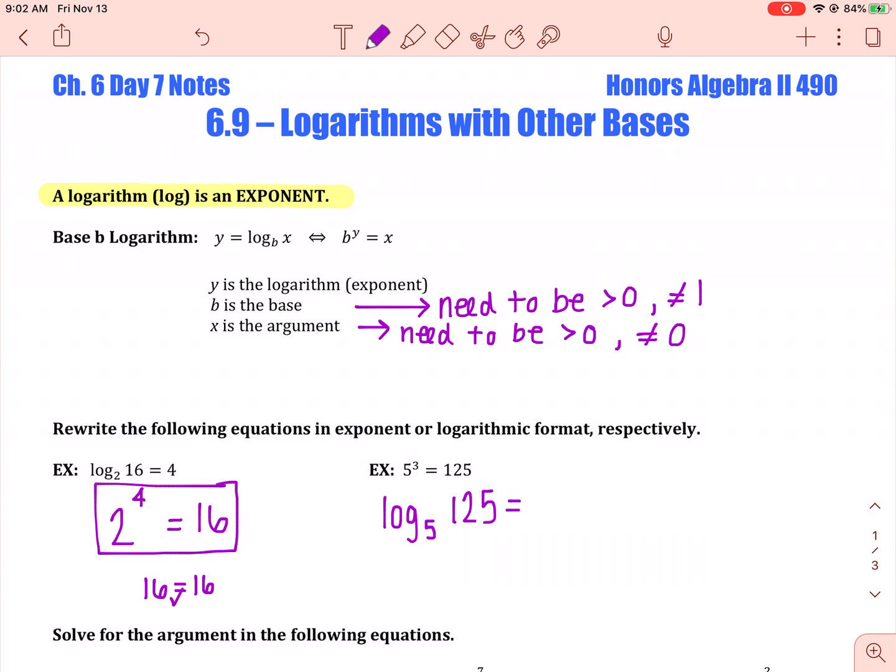And it's going to equal my exponent, which is the log. And you can check. 5 to the 3rd power is 125. And this is the proper format in log. You're going to want to be familiar with getting in from each form. Please use this conversion up here. They're equivalent.